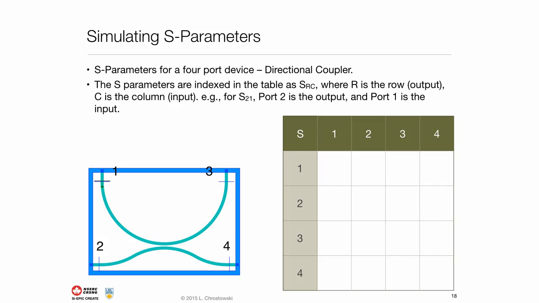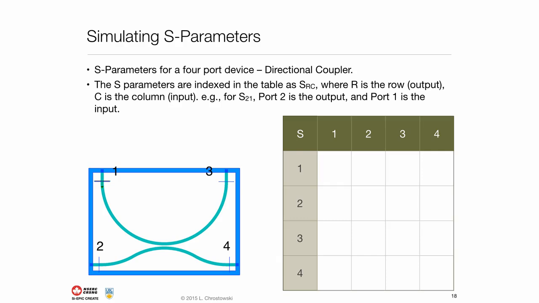Let's go through how to create S parameters for the directional coupler. Since this is a 4-port device, the S parameters are a 4x4 matrix with one matrix for each wavelength. The rows of the matrix represent the output ports, and the columns represent the input ports.